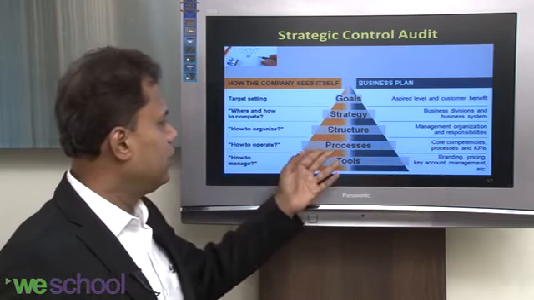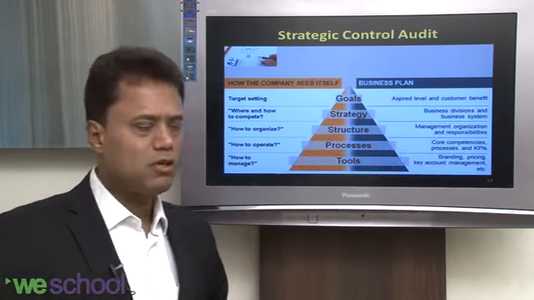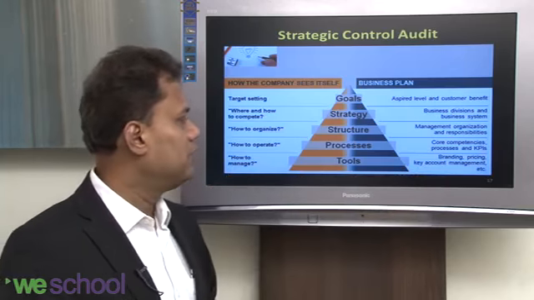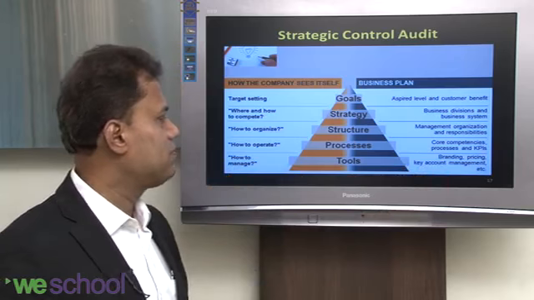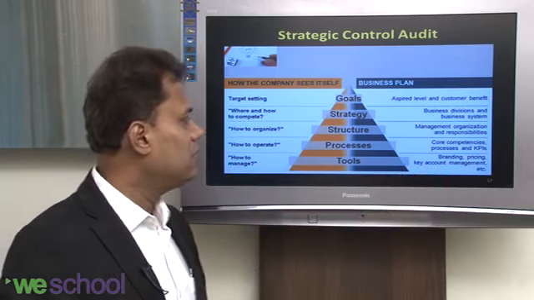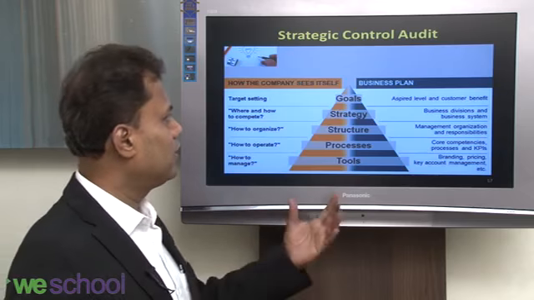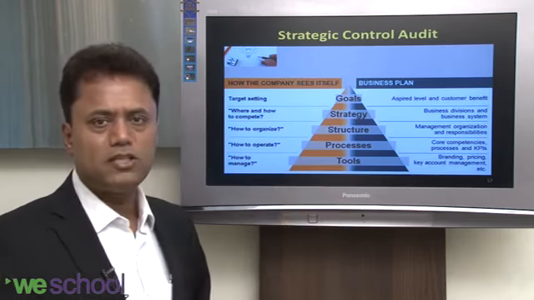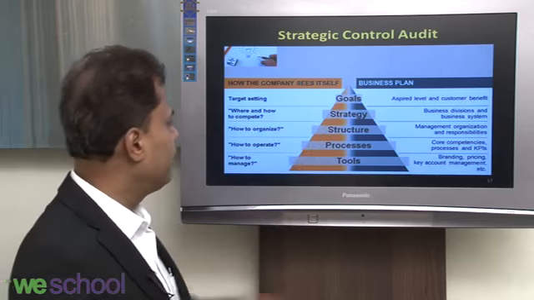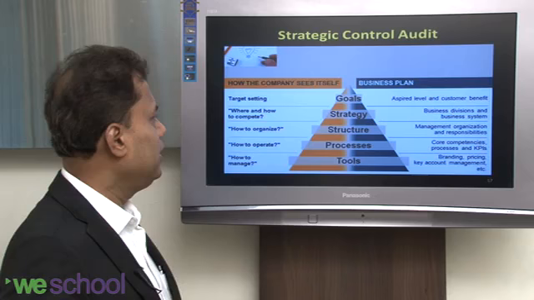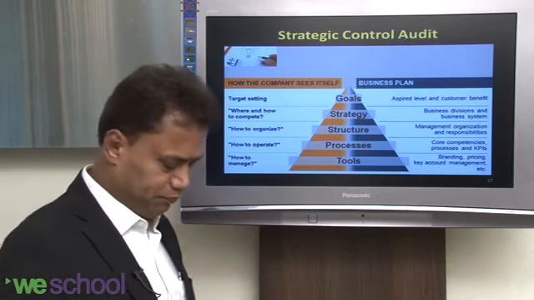How to operate, different processes, core competencies, processes, and KPIs. How to manage the different tools, like how it helps the business plan in terms of branding, pricing, key account management, etc. This is just an example of what a sales and marketing organization would do in order to execute its business plan.